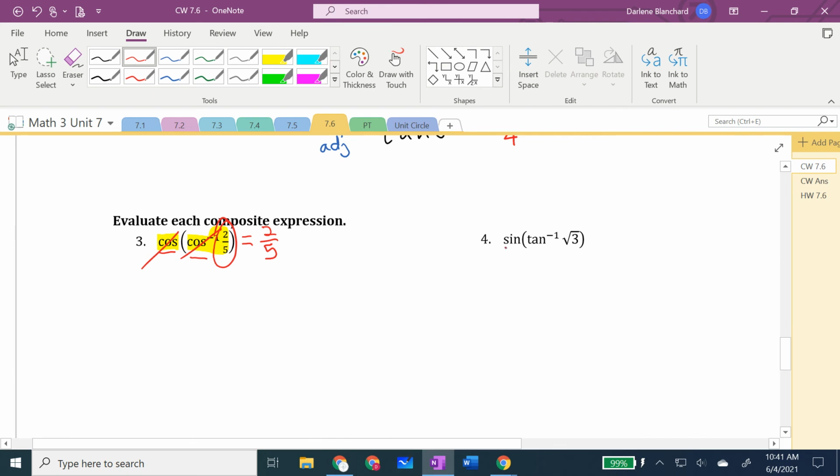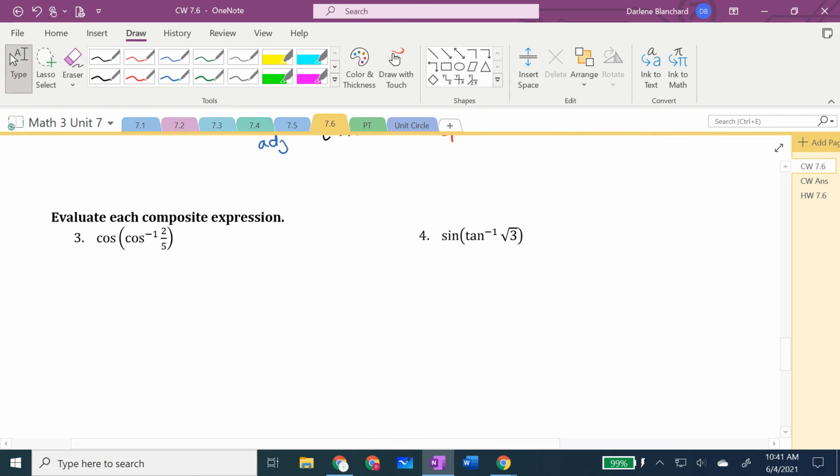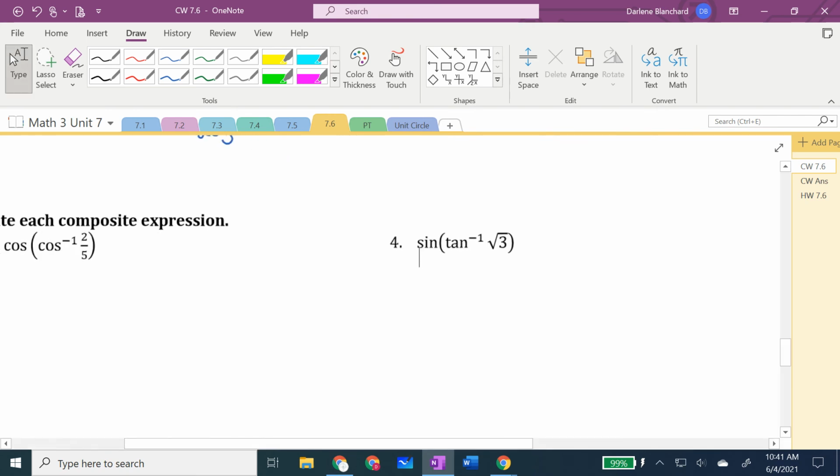But what if you have inside your trig function somebody else's inverse? Then a little more work is required. If you are dealing with unit circle information, you can save yourself a little bit of time. In problem number 4, you're given inverse tangent of root 3.